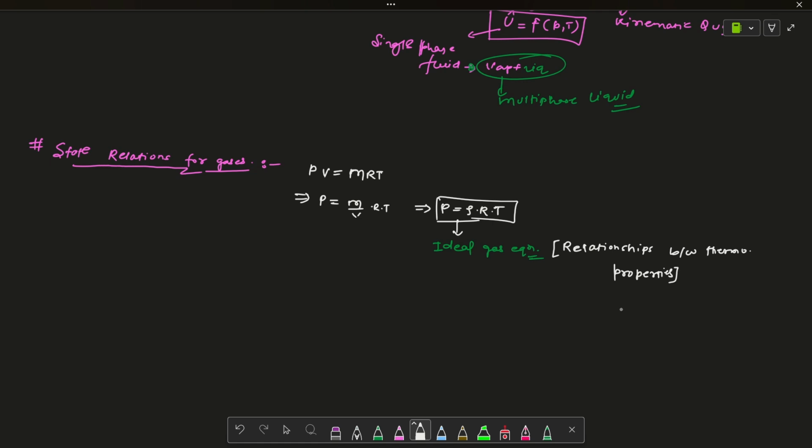Like I told you in the previous lecture, in the whole course we will only study single phase pure substances. If it is liquid water, we study liquid water, and if it is water vapor, we study water vapor. If multi-phase things come, we will use tables. We are not going to use any physical relationship, because that is too difficult for multiple phases, and anyway we are not going to study those things in this subject.